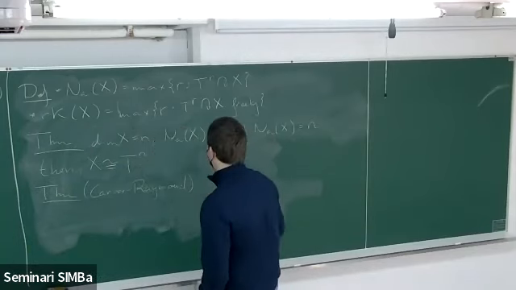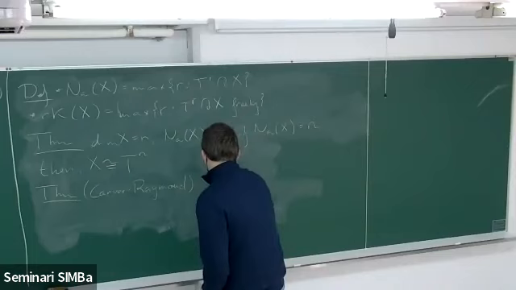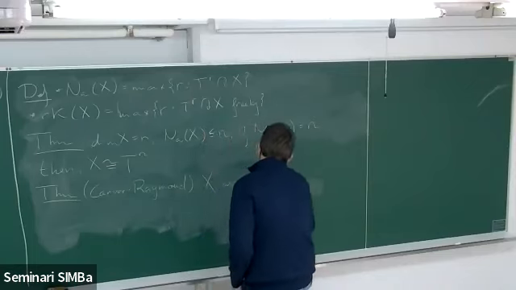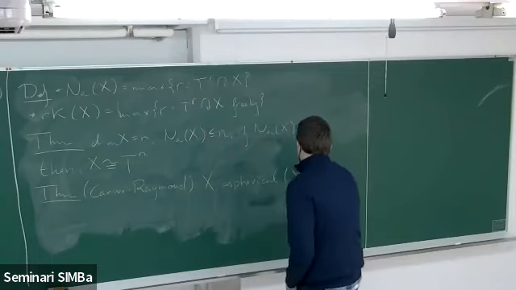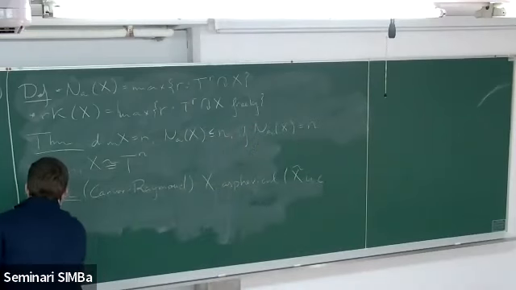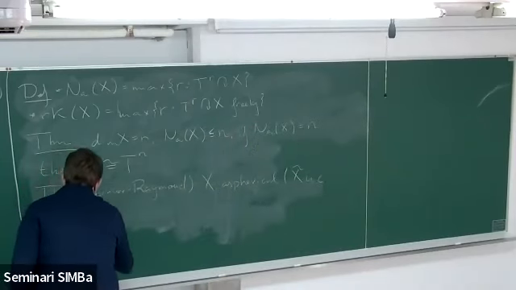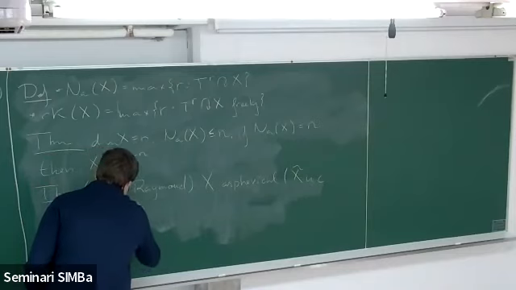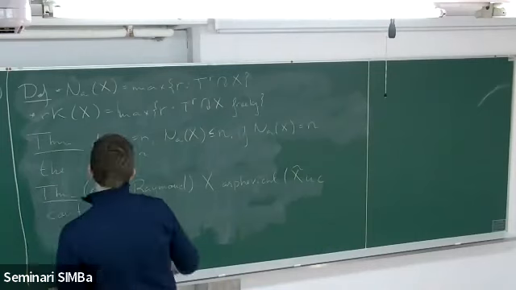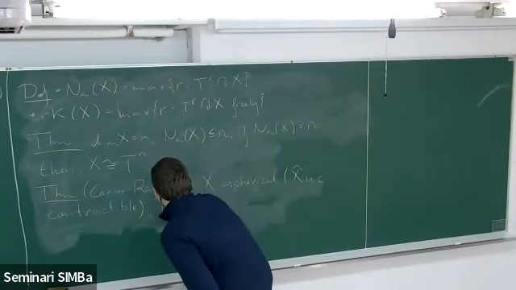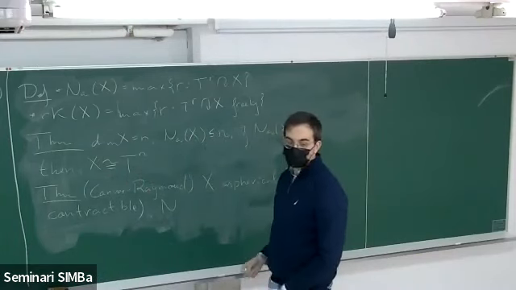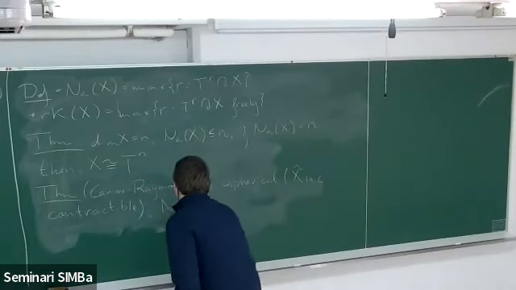So if we have X spherical, meaning that the universal cover is contractible, an important class of manifolds, then there are ways to bound this quantity. For example, the torus is a spherical manifold because its universal cover is the Euclidean space.